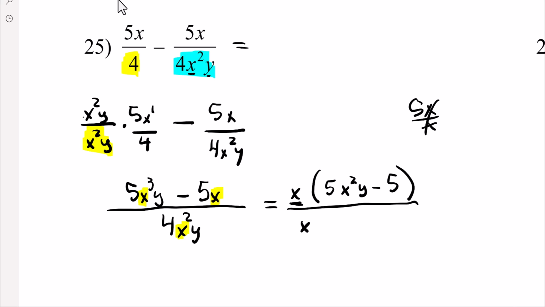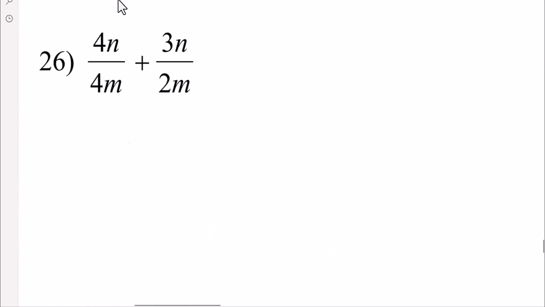And then we're going to factor out the x from the denominator, and that leaves 4xy. And now these x's cancel. So our final result is 5x squared y subtract 5 all over 4xy.